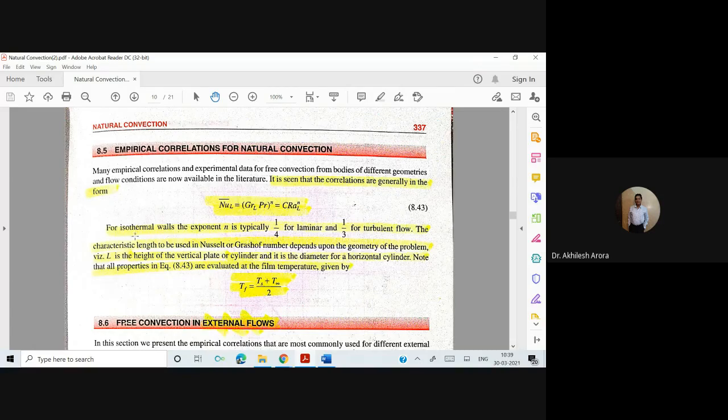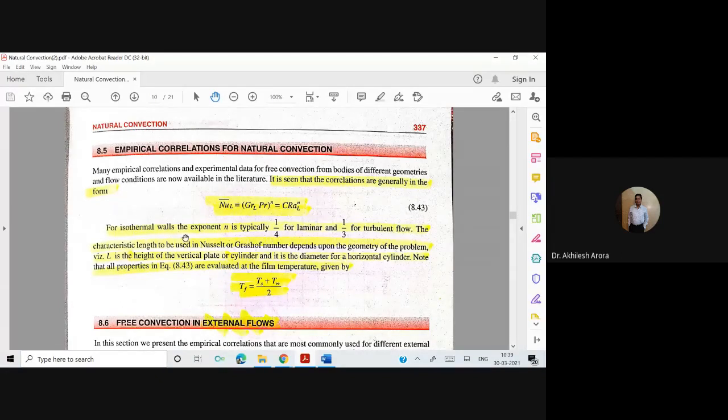Now it says for isothermal walls. So it means if it's a plate which is isothermal, the temperature is constant throughout the length of the plate. Then this value of n is typically 1/4 for laminar flow and 1/3 for turbulent flow.